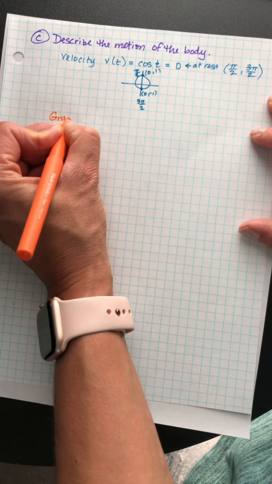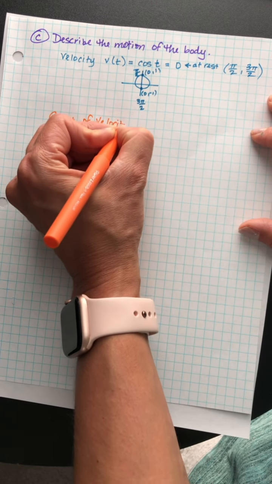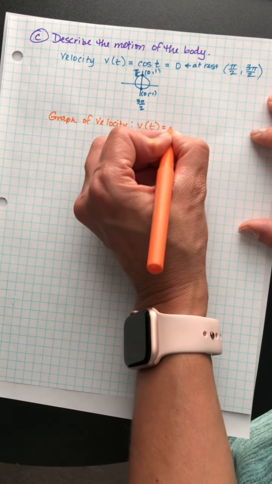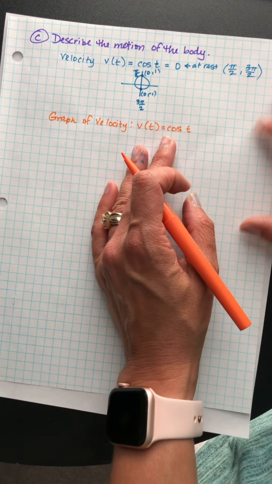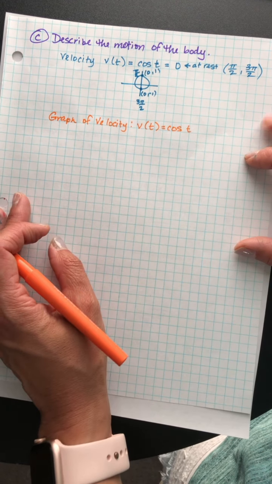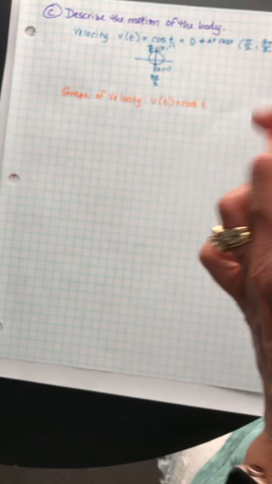It's motion. So we're going to look at the graph of the velocity. Remember, this is the derivative of the position function, so this graph is going to represent all the slopes. And the easiest way is to refer to the cosine wave. We know what that looks like.